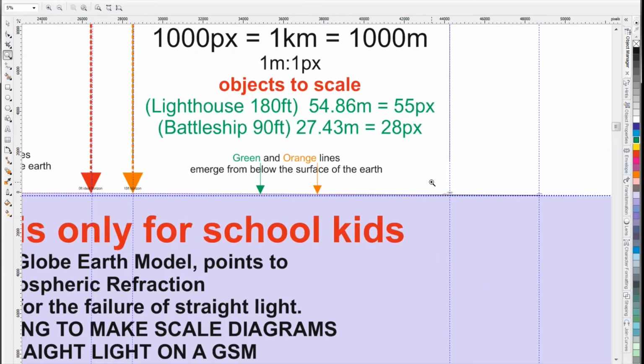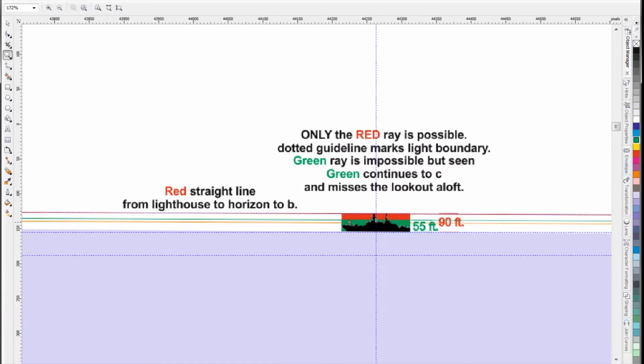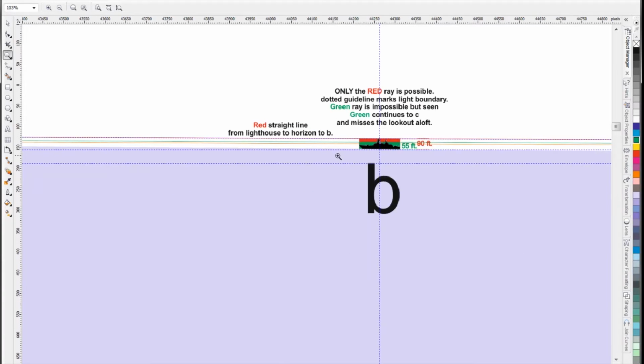Straight light will never reach these two ships. So what I've done is I've drawn an extra red line, a straight line coming from the lighthouse to the horizon to point B here.